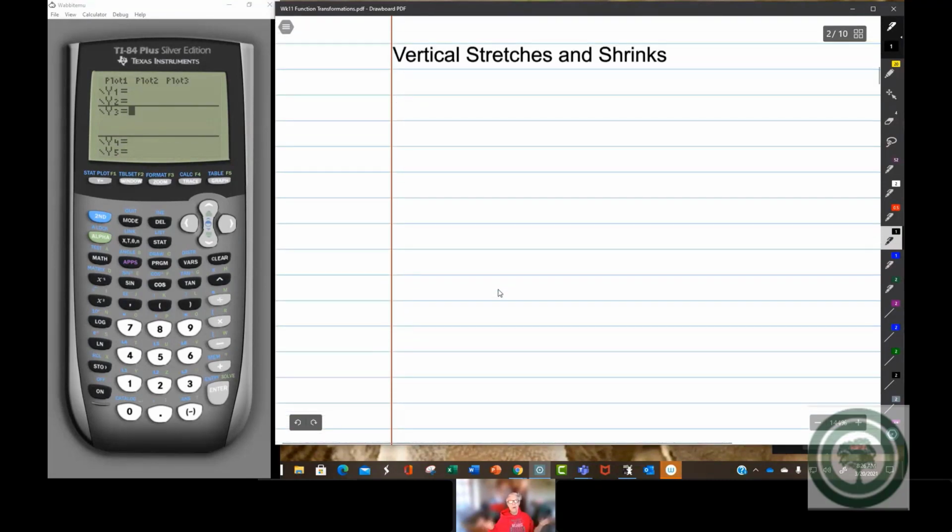All right, now I'm going to write our basic functions here. The ones that have X's in them. Y equals X. Y equals X squared.